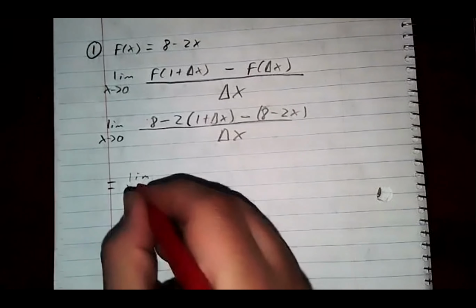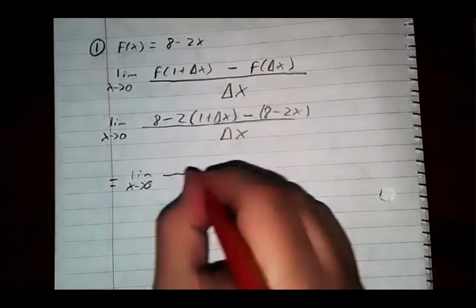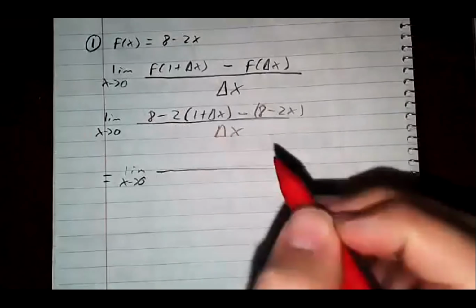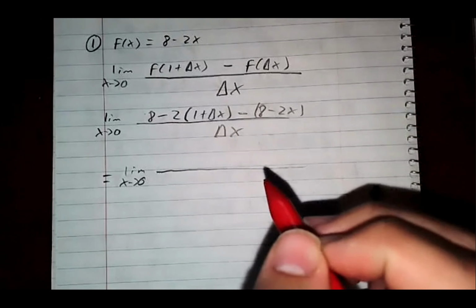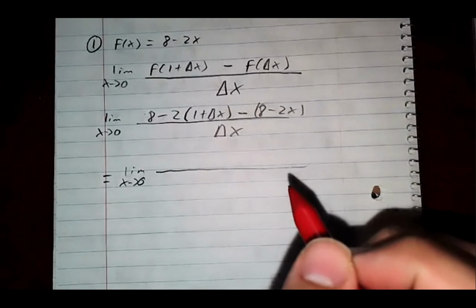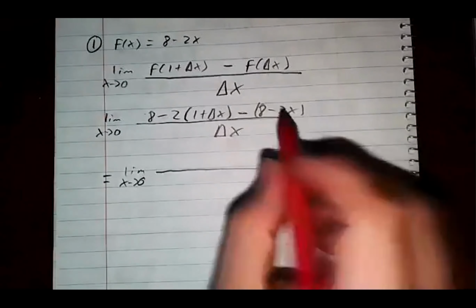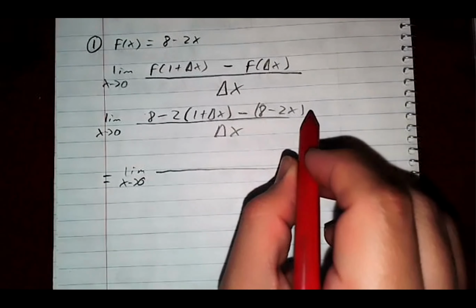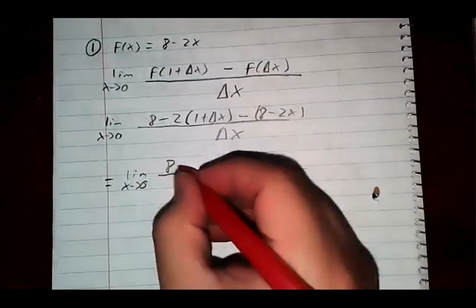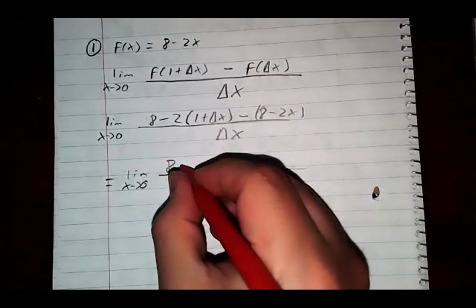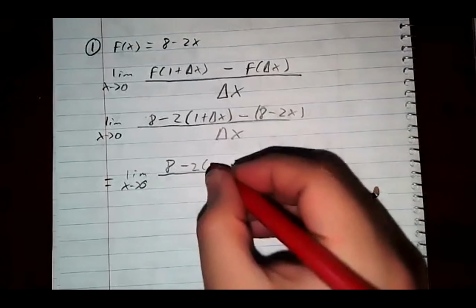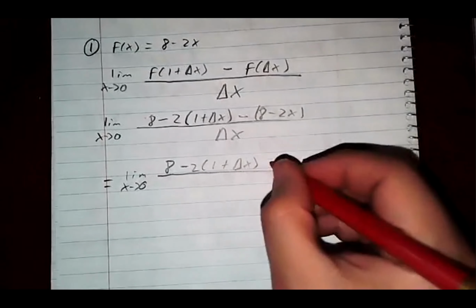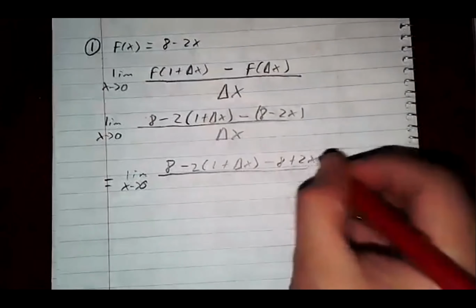So 8 minus 8, those are going to be gone, right? So it'll be 8 minus 2 times the stuff, 1 plus delta x. So it'll be minus 8 plus 2x.